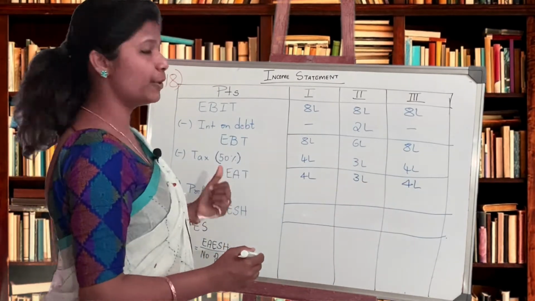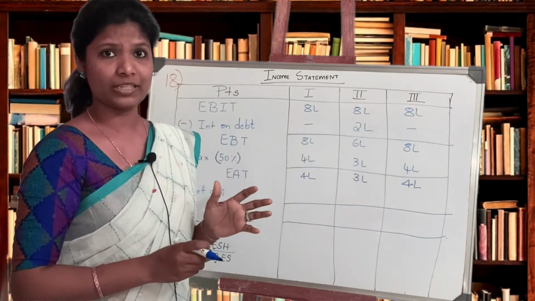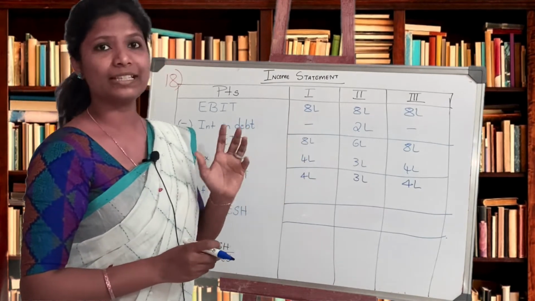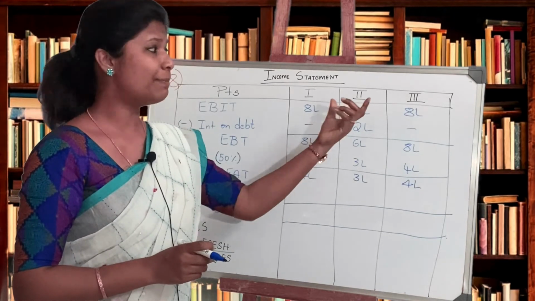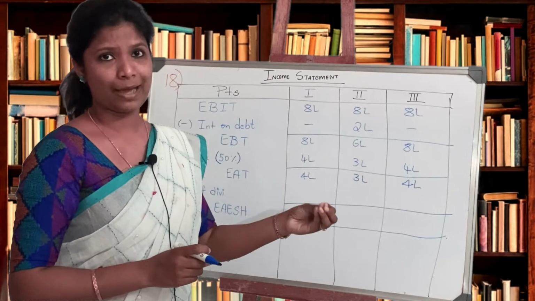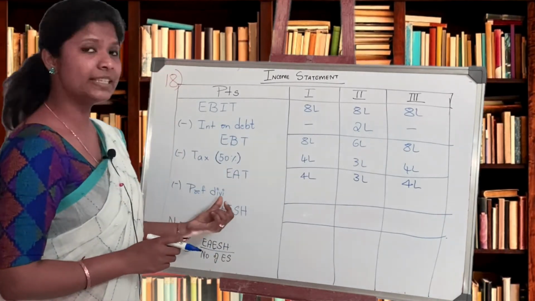And then we have preference dividend. So plan number 1 does not have any kind of preference. It is only raised through equity. And plan number 2 is completely debenture and there is no preference in it. Only in plan 3 we are raising capital by preference share capital, and therefore only under plan 3 we will have preference dividend.